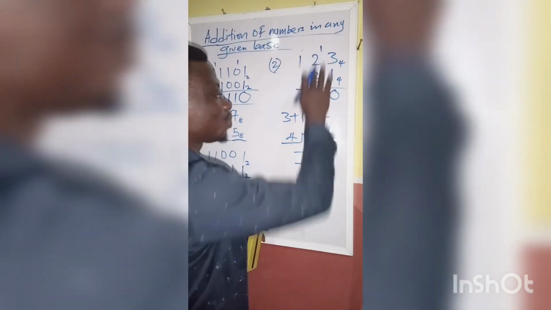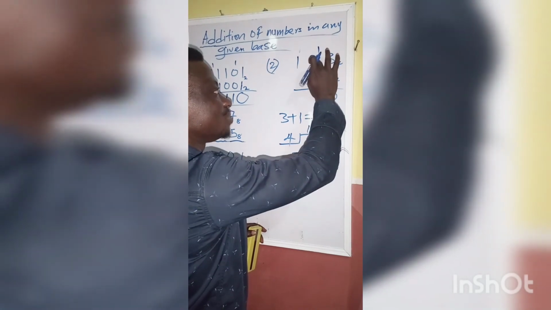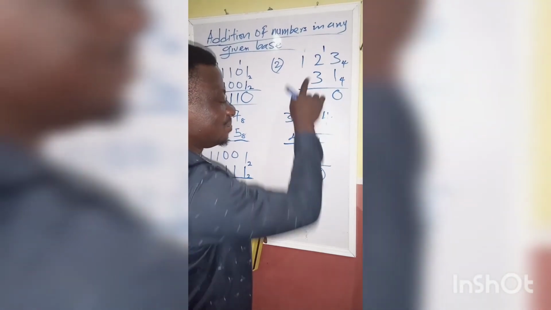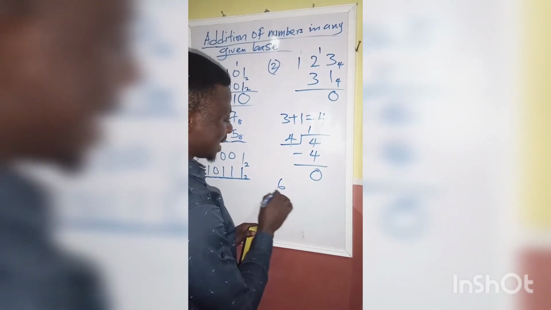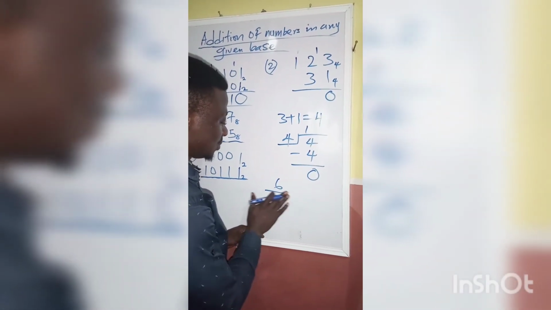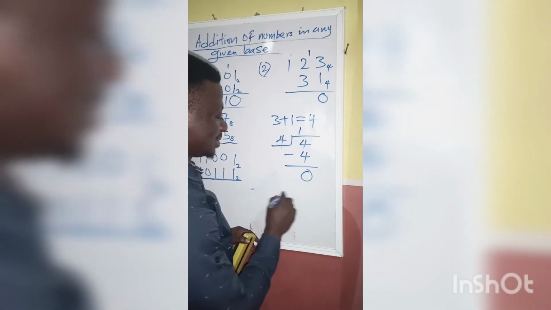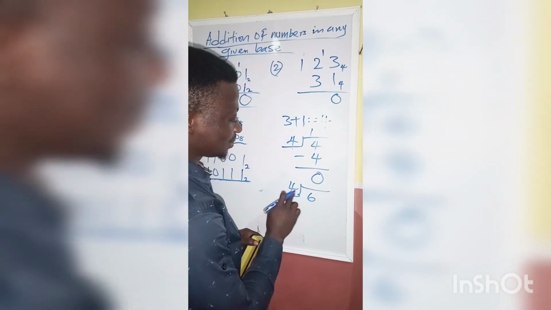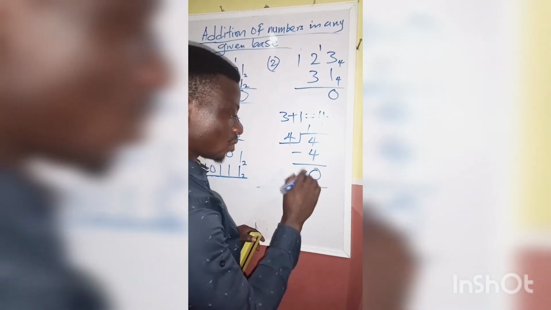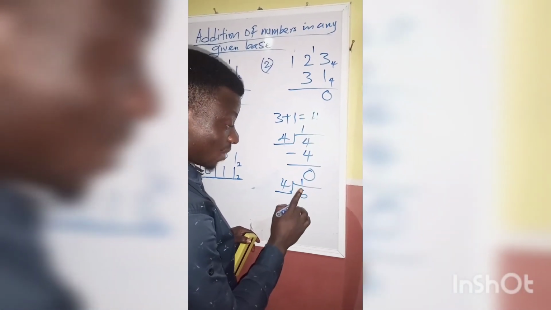Now, at this point, you have this 1 added to this, making 3, plus this 3, making 6. You have 6 together here. Let's do it this way. We have 6, therefore we have 6 and 4. Now, how many times will 4 go into 6? We have 1.